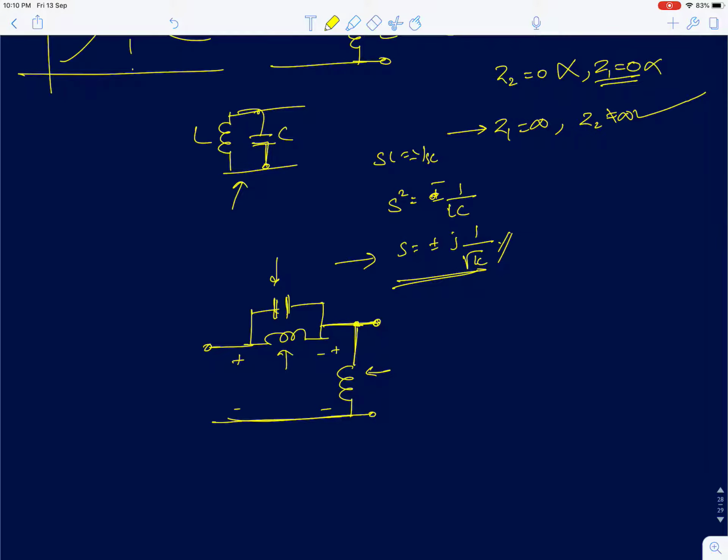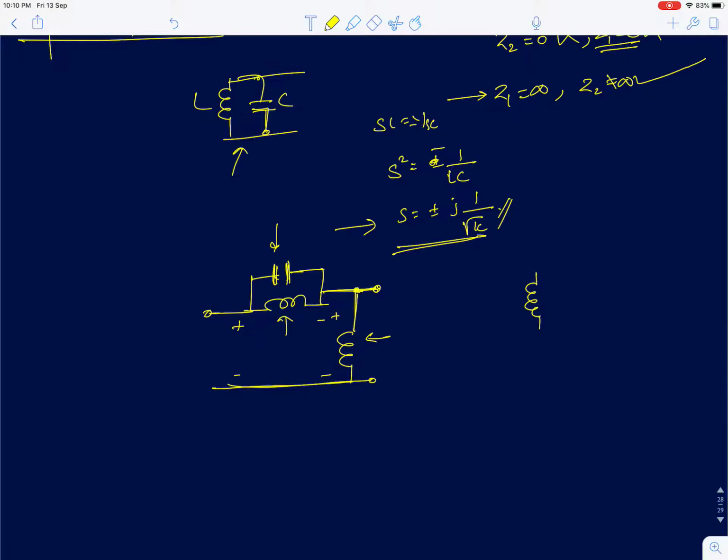Similarly, if I have a circuit which just has one inductor and many capacitors, even that will be a second order system, because all the capacitor voltages will be linearly related. I can reduce the entire set of capacitors to a single equivalent capacitor.